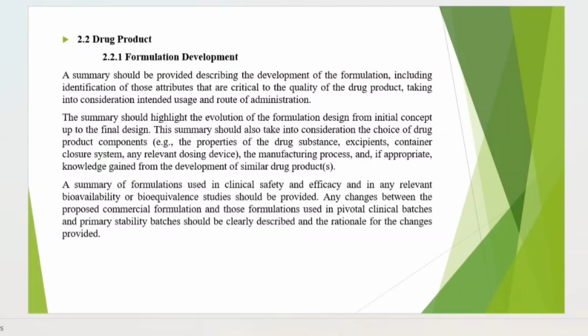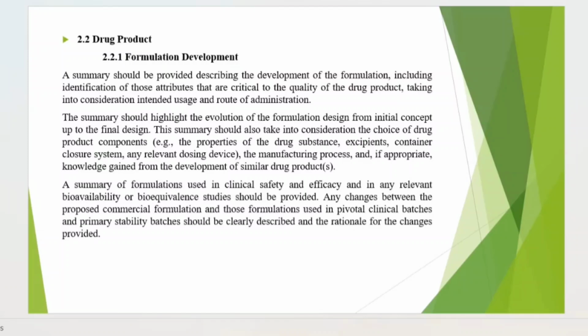The summary should highlight the evolution of the formulation design from initial concept up to the final design. So from the starting to the end, how the formulation will be developed, that should be described here.